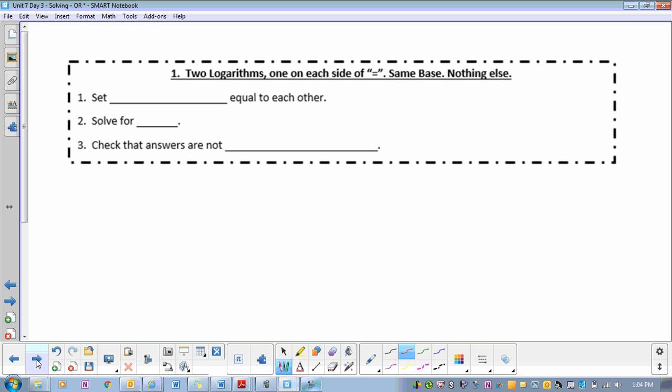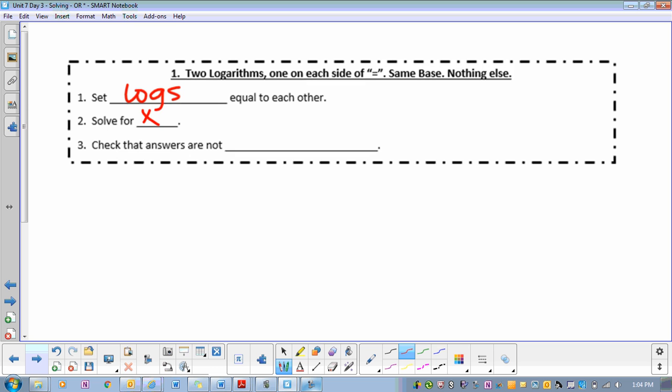All right, so how about this? You have 2 logarithms, one on each side of the equal sign, same base, nothing else. So you want to set the logs equal to each other.